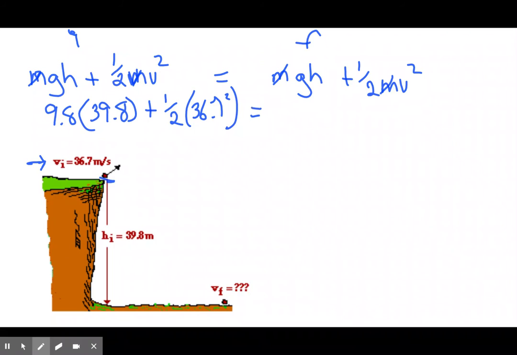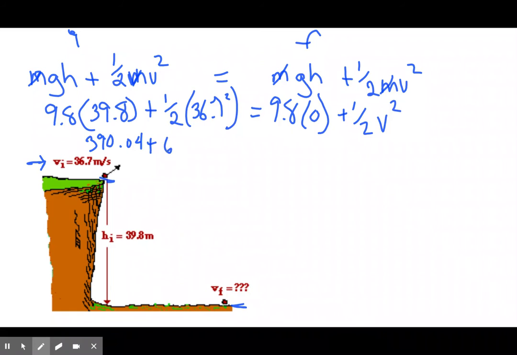So that's going to equal, and then on this side, 9.8. The height here is 0 plus 1/2. And then we're looking for the final velocity. So if we calculate this, 9.8 times 39.8, this gives me 390.04 plus 1/2 times 36.7 squared gives me 673.45.